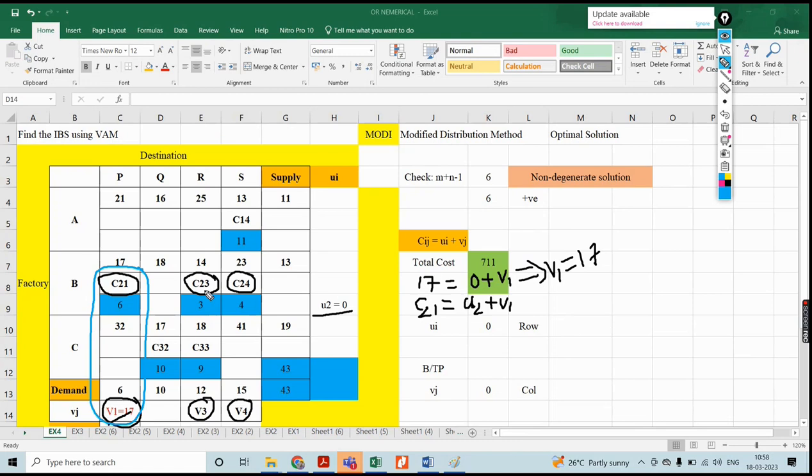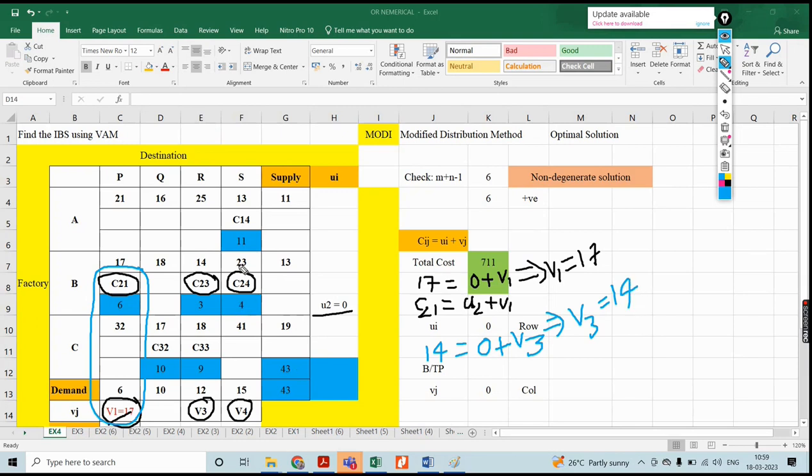Okay, now you got this value. Second case is C23. What is C23 value? 14. C23 value is 14. What is U2 value? 0 plus V3. What is this value? V3 equal to 14.